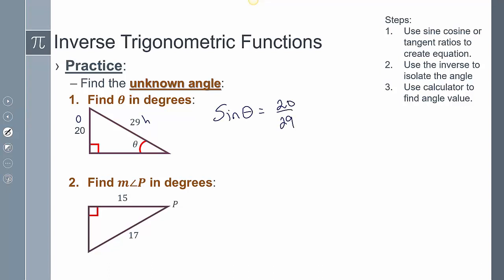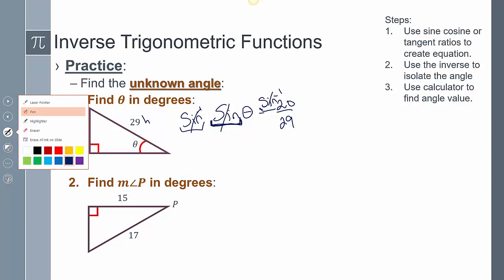Now to get that theta by itself, I have to get rid of this sine. So to get rid of that sine, this is where I'm going to use the inverse. So I'm going to do the inverse to both sides. So I take sine inverse to both sides. Now, sine is what we call a left-handed operation. So because I took the sine inverse, I can only apply it on the left-hand side, and so that's going to cancel out here.